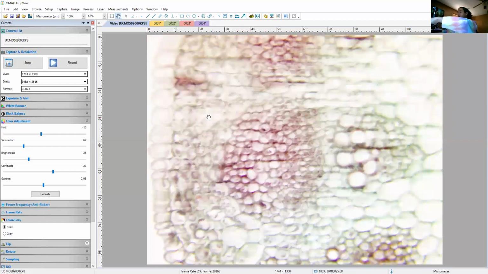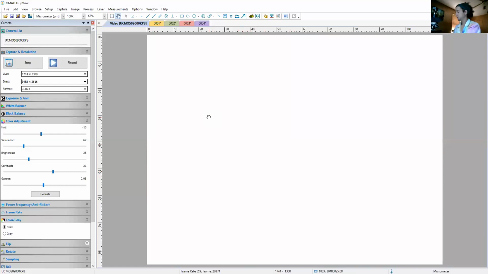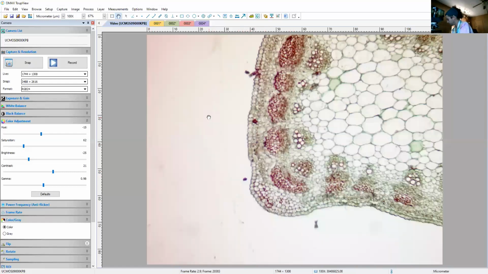If we zoom out again, we would know that this is going to be a eudicot because the arrangement of those vascular bundles in a ring. Let's go back to our PowerPoint real quick.